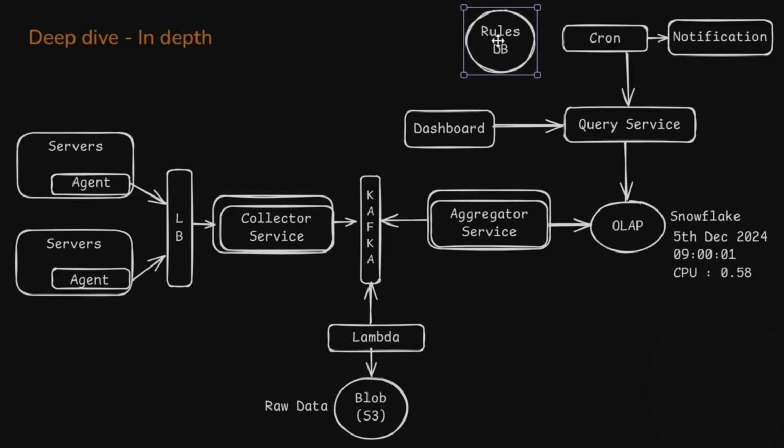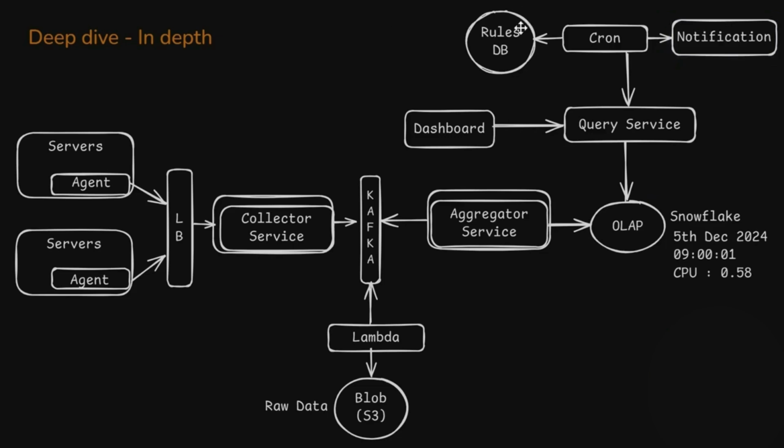This cron job periodically queries this rules database to load the rules, and based on the rules it will query the query service, and if any threshold defined in this rules database is reached, then it can send notifications like email or SMS to the different stakeholders.